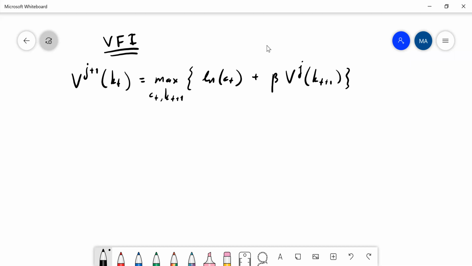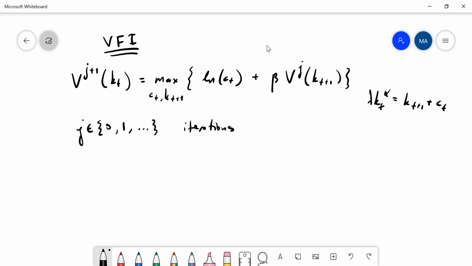Your constraint is k_t^alpha equals k_{t+1} plus c_t. Here j denotes our iterations. And the idea is to do this.